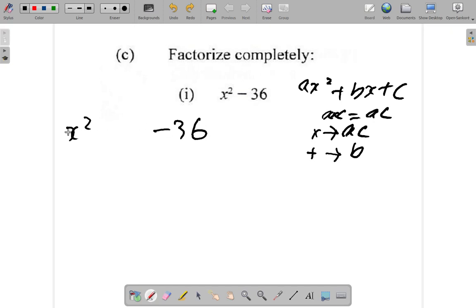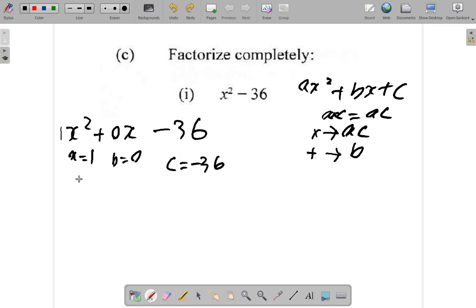Now we have here a is 1 because x squared is the same as 1x squared. We can see that c is negative 36. What is b? We don't have an x term, so what that implies is that x is multiplied by 0. So we have 0x, right? So b is 0.